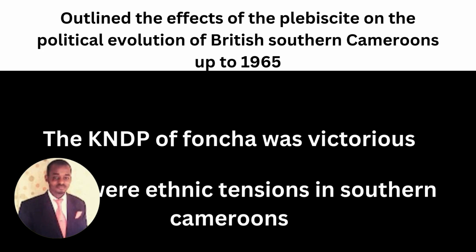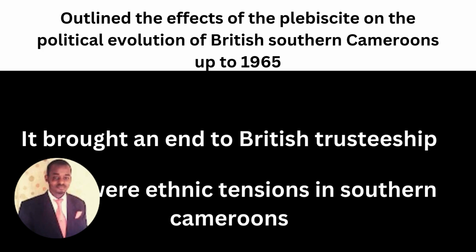One of the effects was that the KNDP of Foncha was victorious. There were ethnic tensions in Southern Cameroon. Another effect is that it brought an end to British trusteeship, so the British trusteeship over the territory was brought to an end.